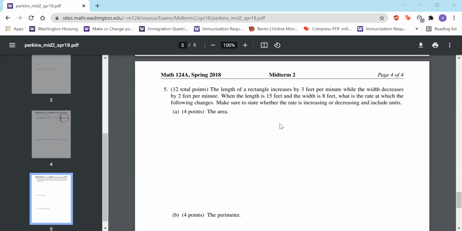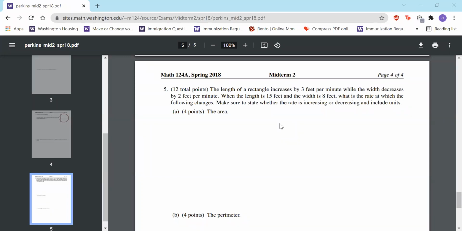So we have the equation A equals xy, and we need to find dA/dt when x equals 15 and y equals 8.